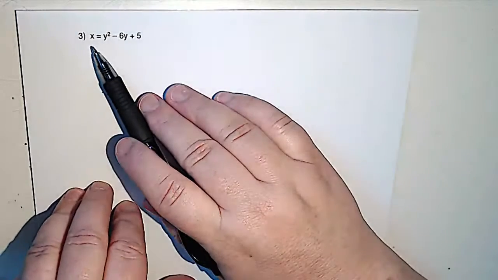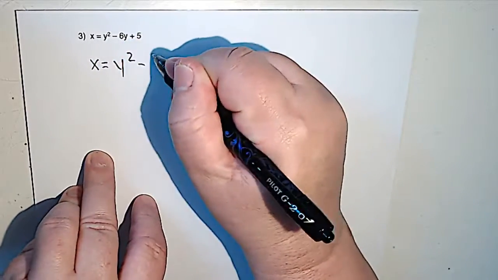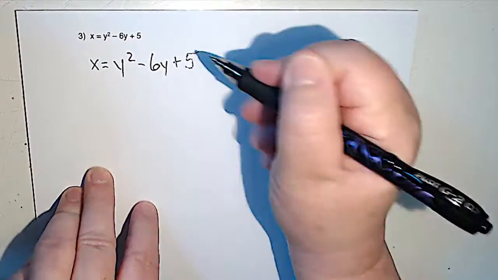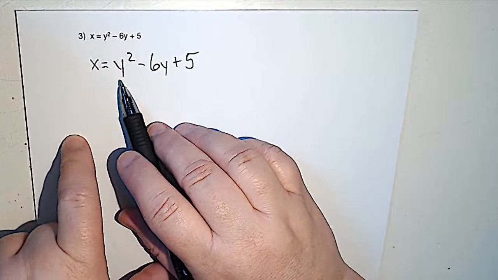Now, hopefully you noticed, even though this does follow the usual format, that we've done something really weird and swapped the x and the y. Normally the y is on the left and the x is the one that's getting squared.